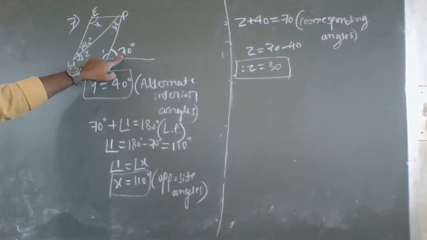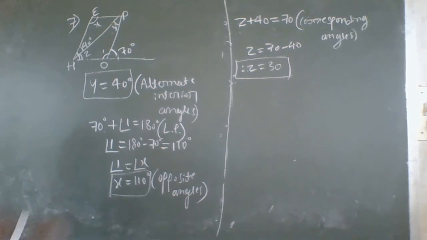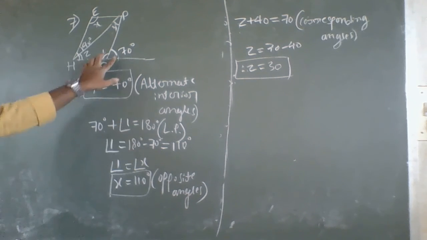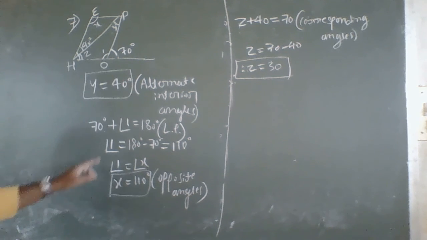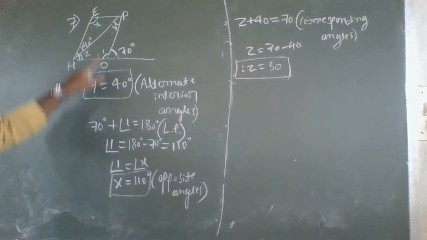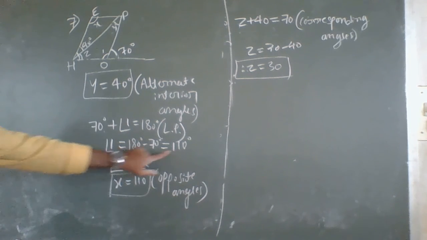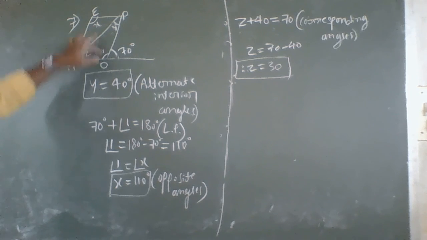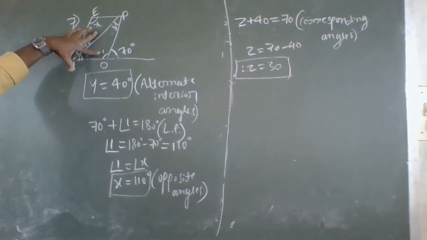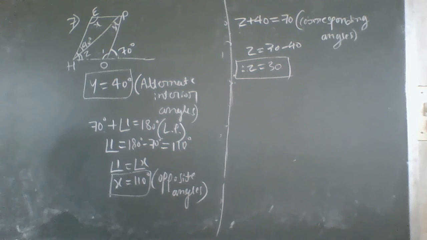So this is 70 degrees plus angle 1 is equal to 180 degrees because these are linear pairs. These are on the same straight line. So using this, I got the angle 1 value as 110 degrees. Therefore, angle x is also 110 degrees because these two are opposite angles.